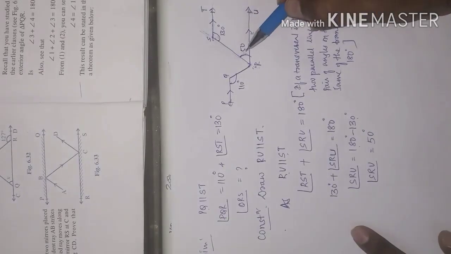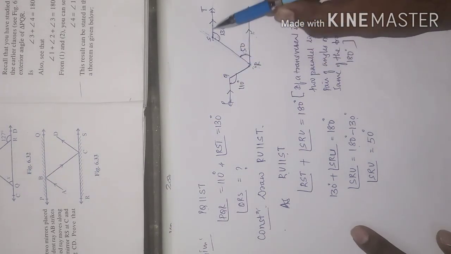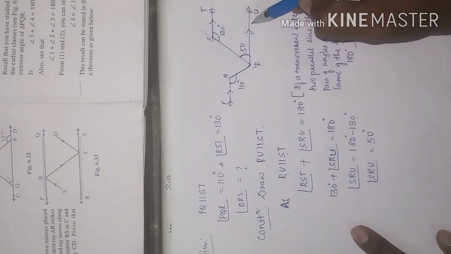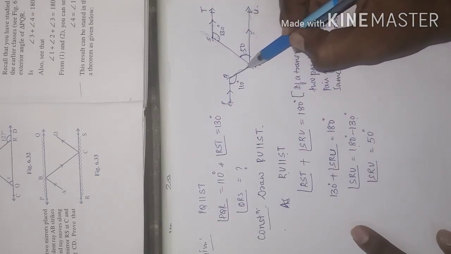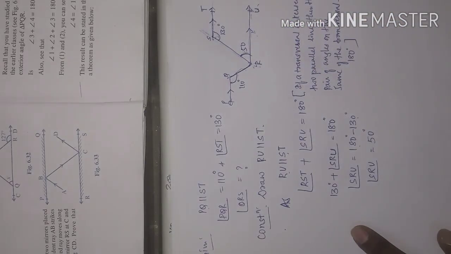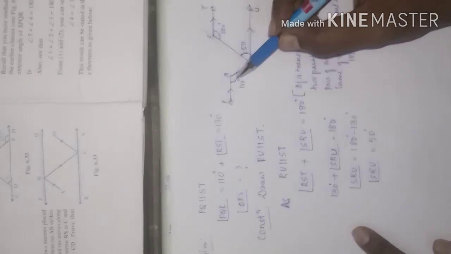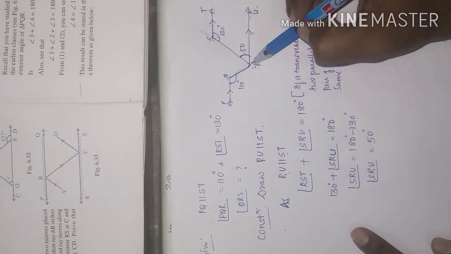Why did we find the value of angle SRU? Because as PQ is parallel to ST and ST is parallel to RU, it means PQ is also parallel to RU. So this is the transversal line and these angles will be equal. We will apply the alternate angle concept. That is why we are finding the angle SRU.